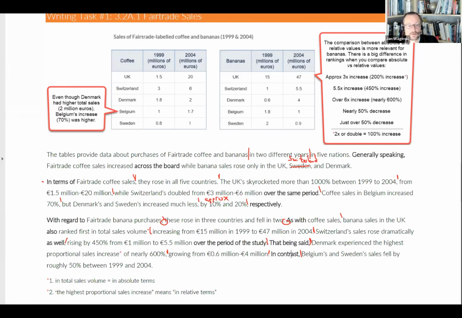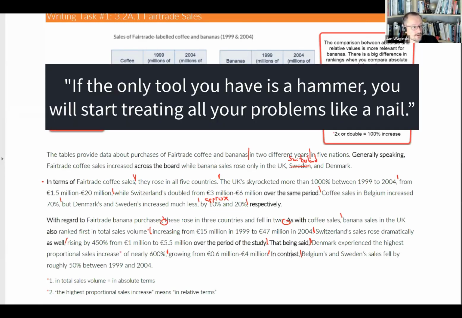You know that old saying, if the hammer is your only tool, then that's the only tool you're going to use for every situation that you come across. This guy had one tool in his tool belt. He really, really wanted to perform that procedure on our kid because it's easy for him.